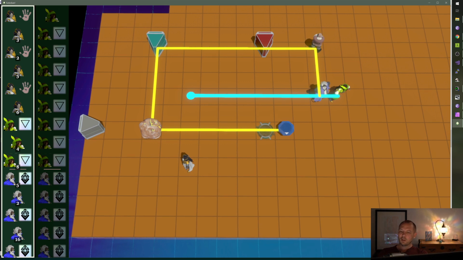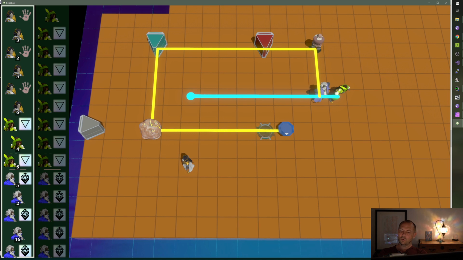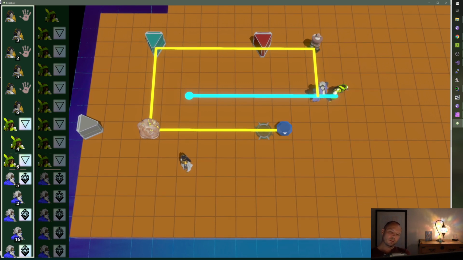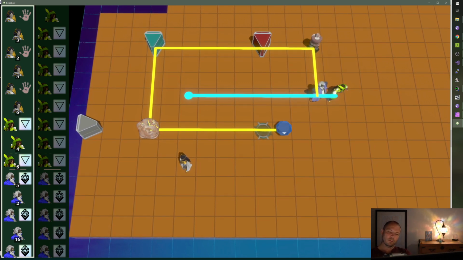You can definitely look at order independent alpha blend and all that kind of stuff, and it'll be a thing.